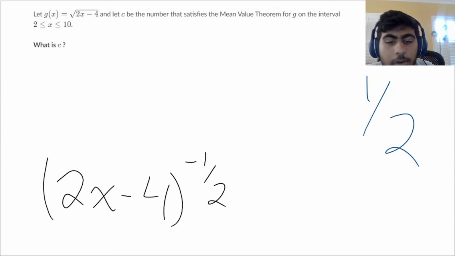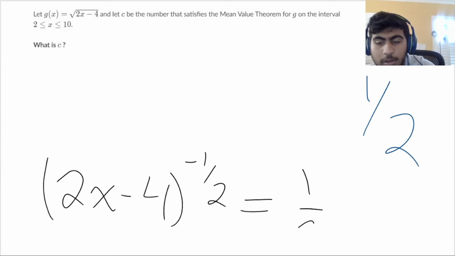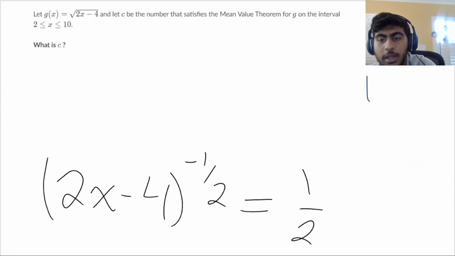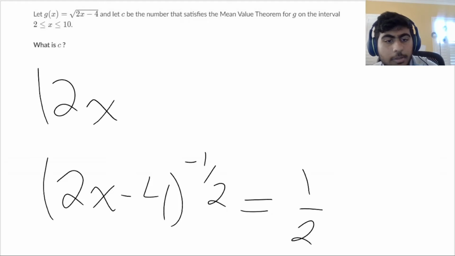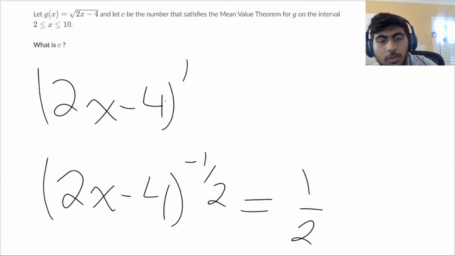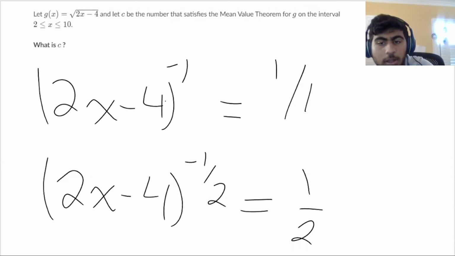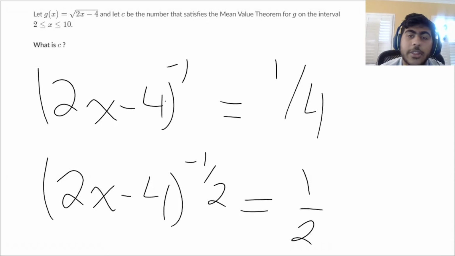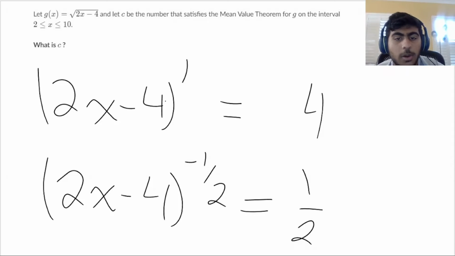Alright, so essentially we can set this equal to 1/2. And then we can square both sides, and we get (2x minus 4) to the negative 1 equals 1/4. And then we take the reciprocal of both sides. That gets rid of this negative 1, and that gets rid of this 4.